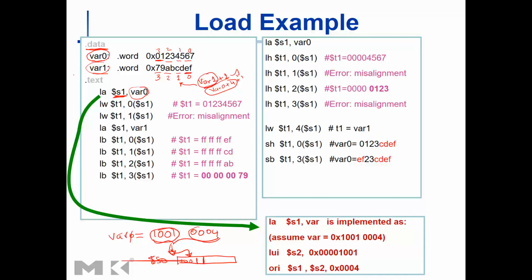Then I move the 0004 to the lower value of the register. At the end, the register will have a value of 1001 0004. Somebody might say, why don't we do it in one shot? Answer: we cannot move immediate data which has a width of 16-bit. So we have to do it in two steps.